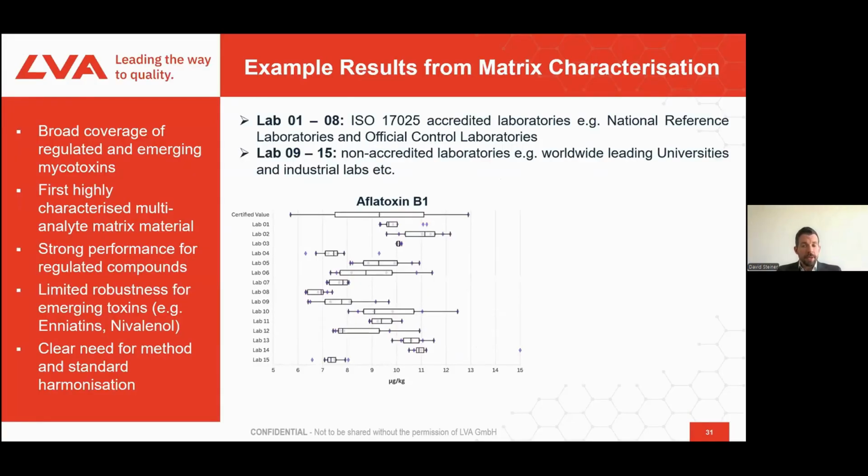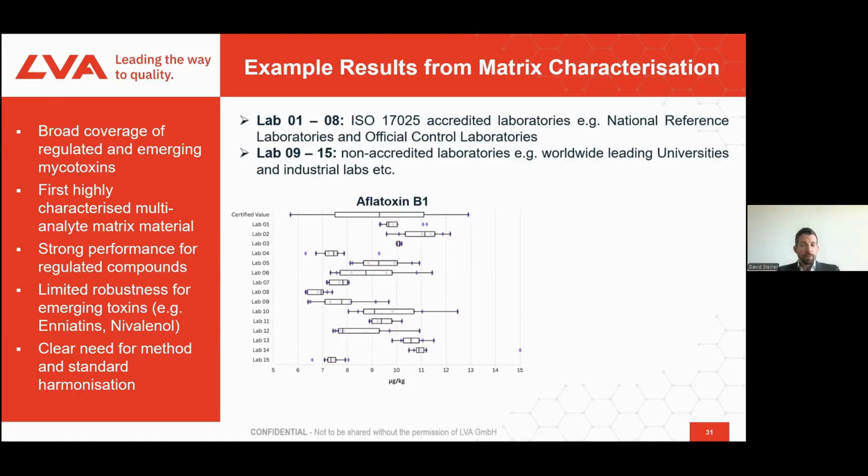So based on this evaluation approach, we were able to assign values for all major regulated mycotoxins. In addition, we also included a range of emerging mycotoxins, such as acetyldeoxynivalenol derivatives, but also moniliformin or fumonisin B3.